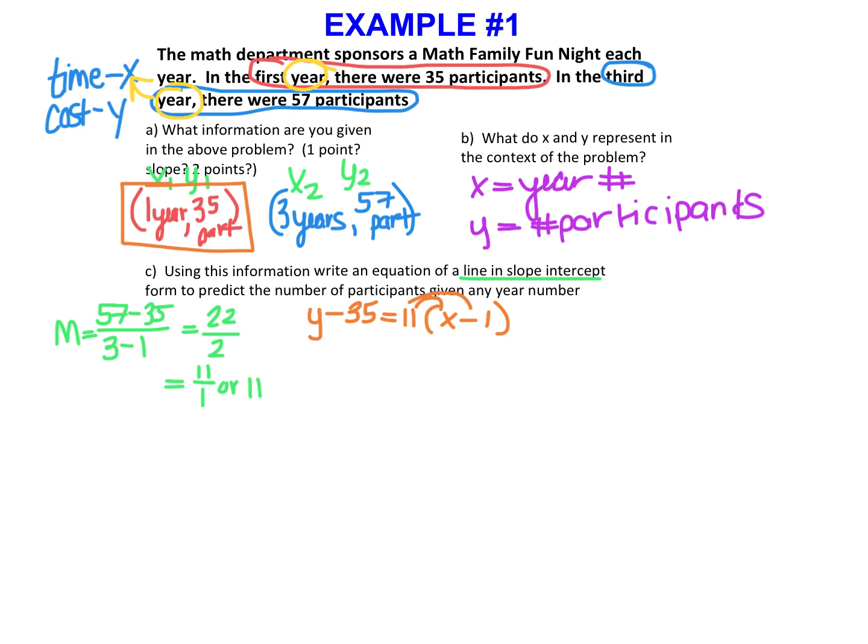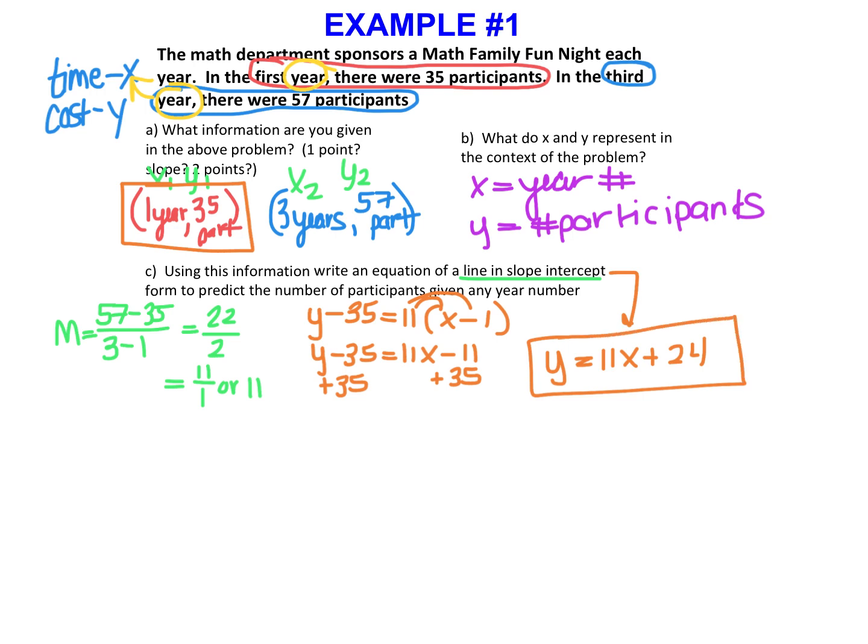So I start by distributing. I have y minus 35 is equal to 11x minus 11. I then add 35 to each side. So we have y is equal to 11x plus 24. There is my slope-intercept form equation of this situation.